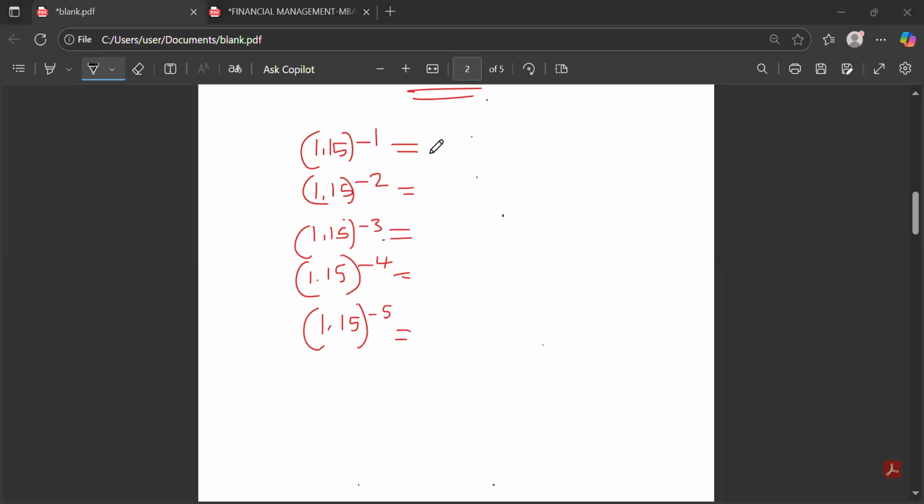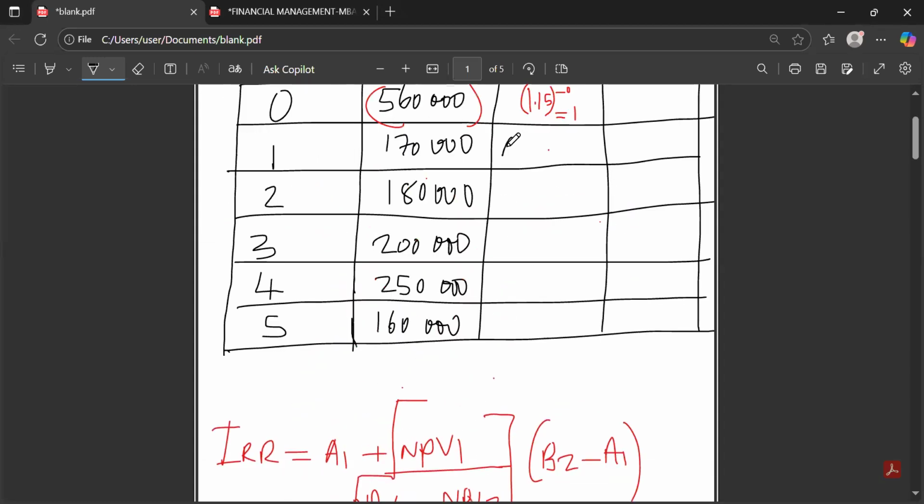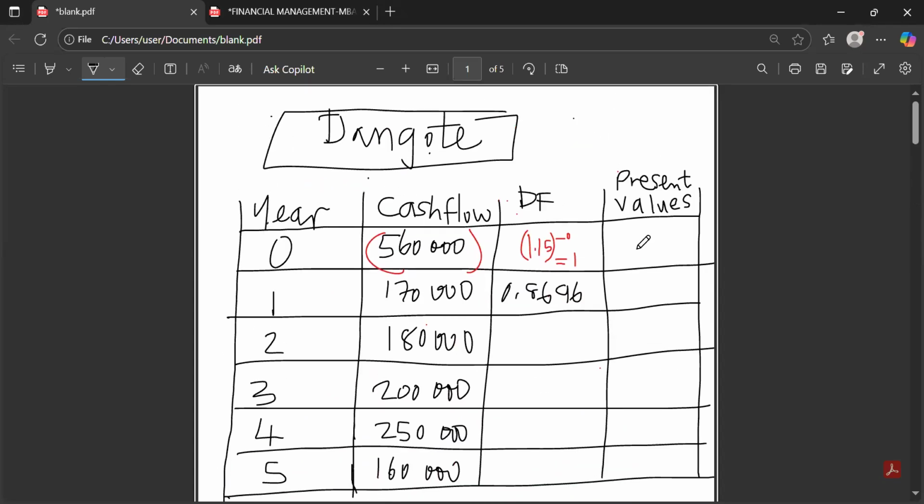Okay, so 0.8696. Yes. So when you multiply this one for the first one, you still have 560,000. Then give me the other factor for the second year. For the second year, 0.7561.